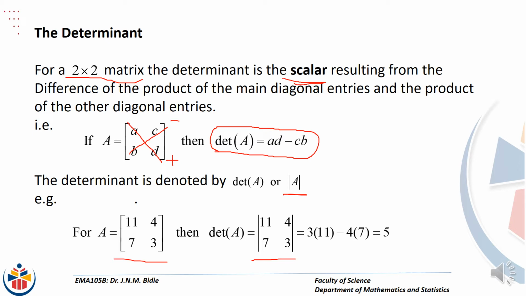And then thereafter you do the multiplication, 11 times 3 minus 4 times 7, giving us the answer, which is 5. Please remember that every time you are asked to calculate the determinant of a 2 by 2 matrix, you will always get a number, a scalar.